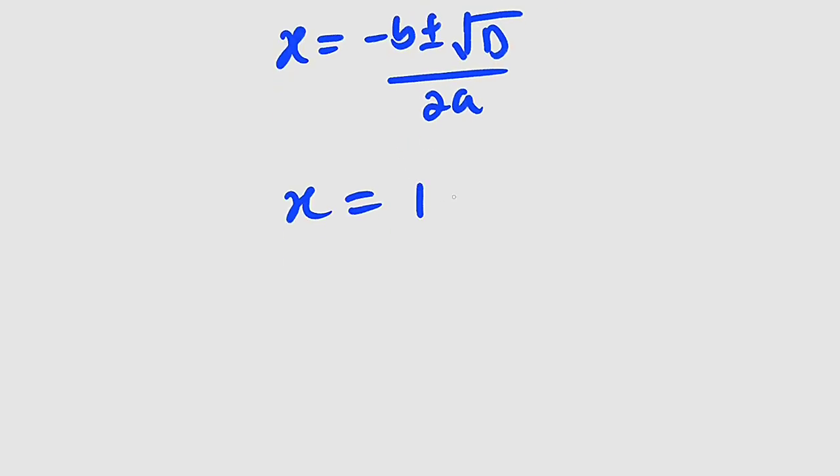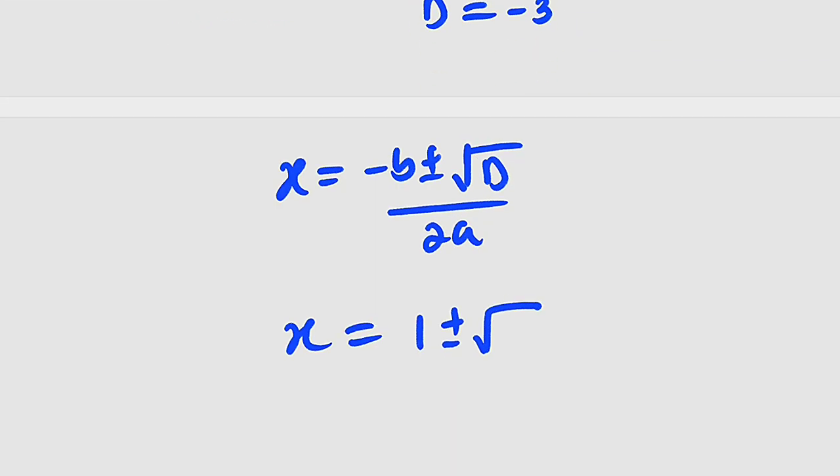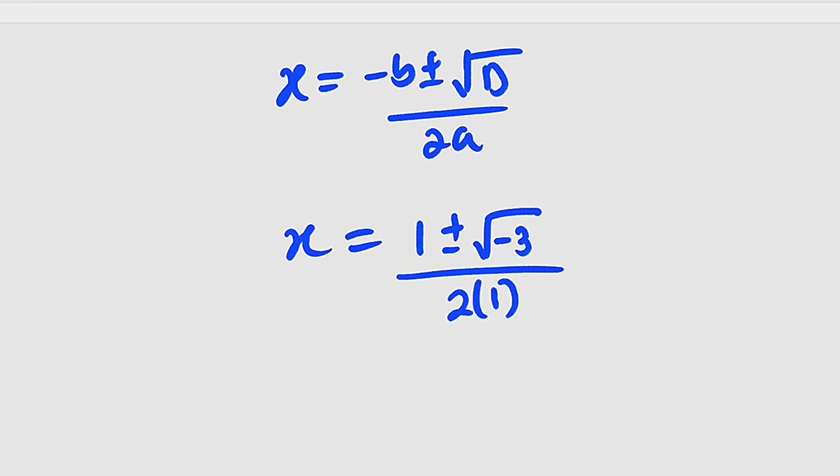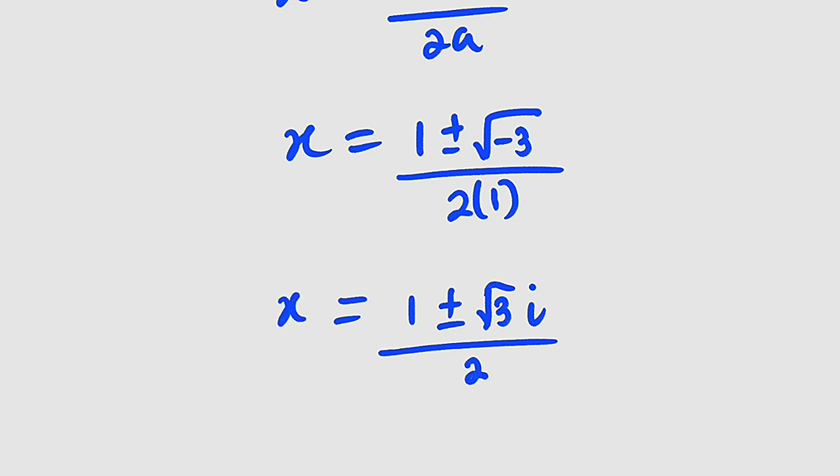So we have 1 plus or minus the square root of D. D is -3, so we have -3 right here. Divided by 2 multiplied by a, and a is 1. If you simplify this, you have 1 plus or minus the square root of -3, which will be what? Square root of 3 i. Divided by 2 times 1 is 2. This is equal to x.